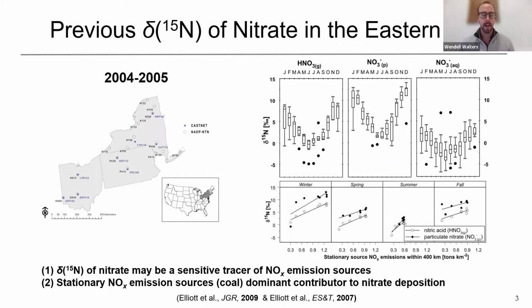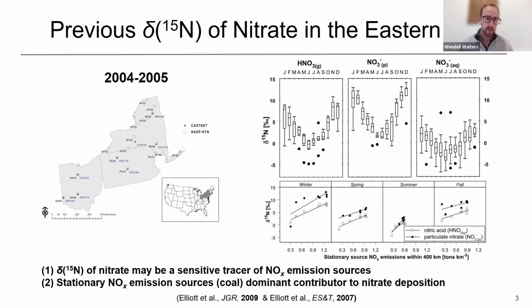In a previous landmark study, nitrogen isotopes were analyzed to investigate nitrate deposition from CastNet and NADP sites in the eastern, Midwestern US in the mid-2000s, from a series of studies conducted by Emily Elliott, Carol Kendall and company. In this work, they found that the delta 15N values had significant seasonality, with typically high values observed during the winter and lower values observed during the summer, which were suggested to be driven by the increased importance of coal combustion during colder periods.